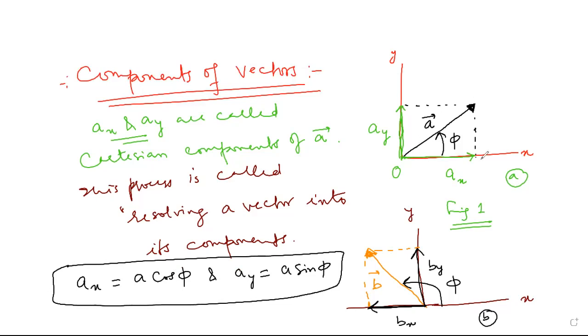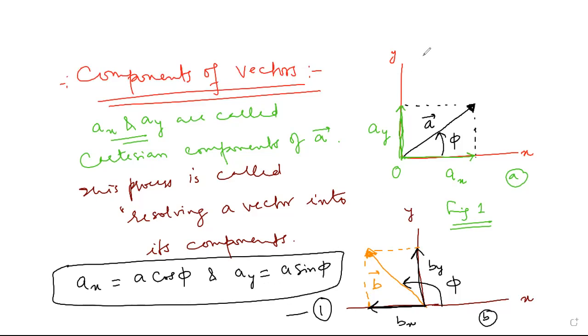A is the length of this vector. So this length AX can be written as A times cos phi, and this length AY, which is same as this length, can be written as A sin phi. Let me name this equation as 1. So from 1, knowing the length and the angle of the vector, that is magnitude and direction of the vector, you can find from 1 its rectangular components.